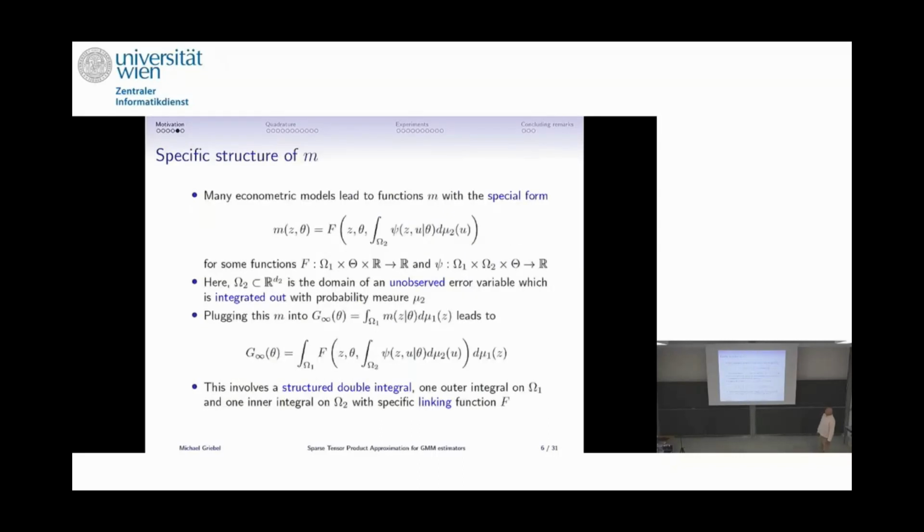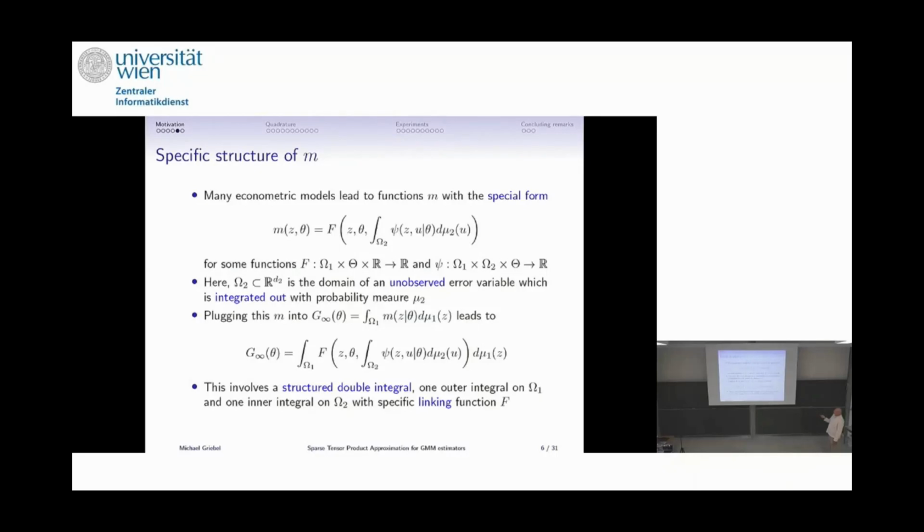So this is the setting. And now comes the first catch, namely that many of the econometric models, and this is where a lot of work went into to understand all these models, at least from my perspective, lead to functions m which have a special form. These m are capital F of an integral over omega 2 of another function psi, okay?